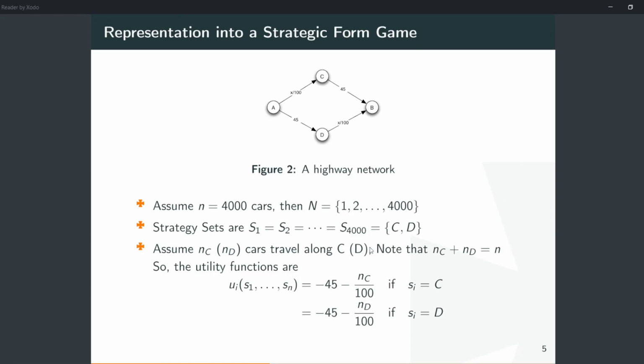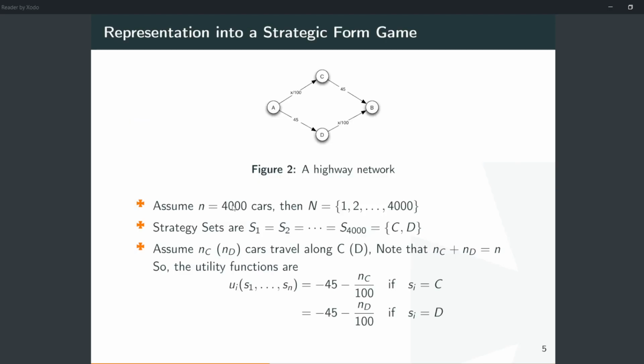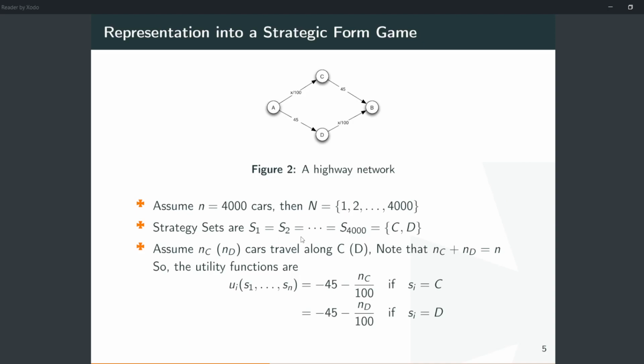Now how will we represent the game we discussed before as a strategic form game? Suppose there are 4000 cars, then N will be 1, 2, up to 4000. What will S be? For all players the strategies are the same, C and D. C means we go through the route AC and then CB.